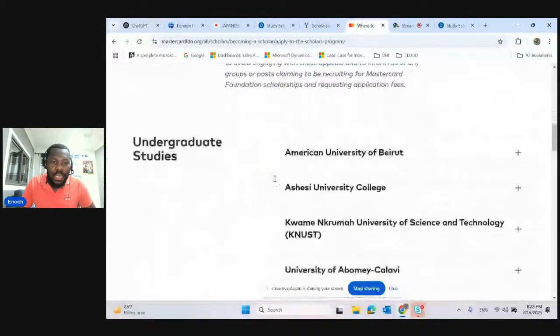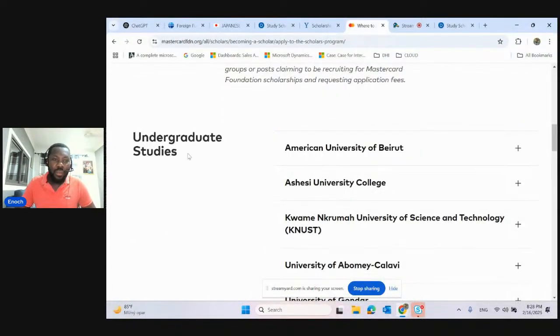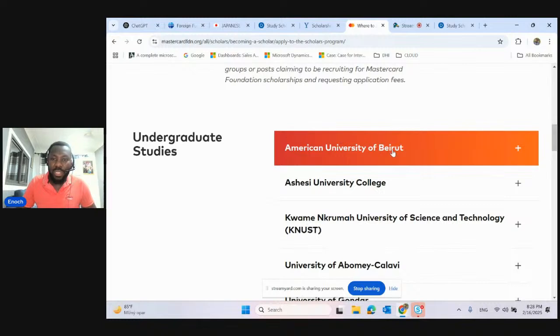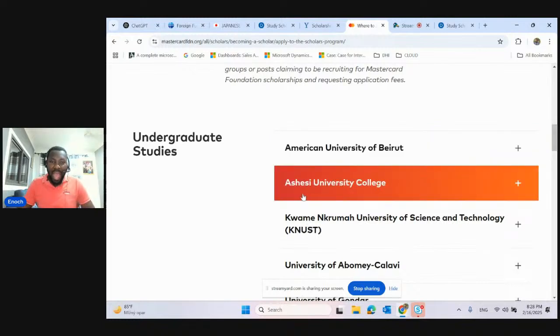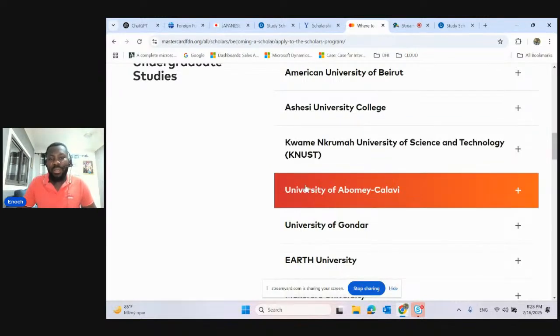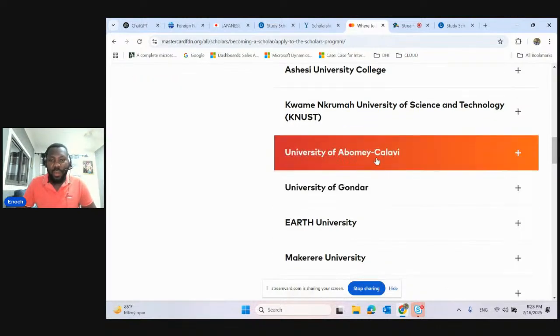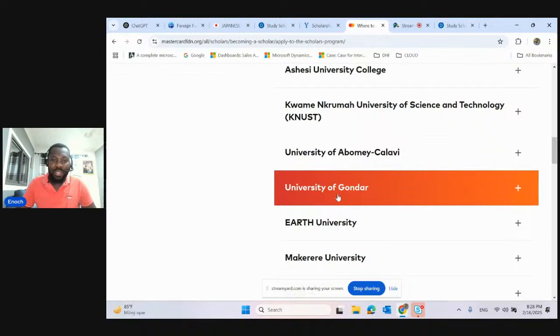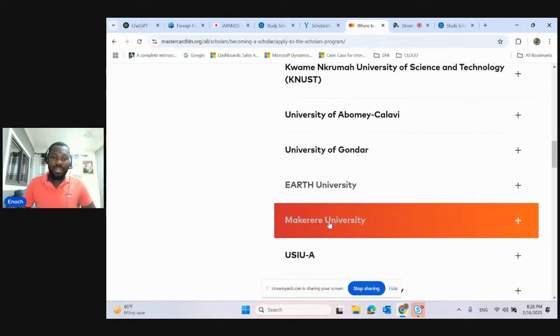So here we have, for undergraduate studies, the American University of Beirut, Ashesi University College in Ghana, Kwame Nkrumah University of Science and Technology in Ghana. And I think these are shown because I selected Ghana. Then University of Abomey-Calavi, University of Gondar, and Makerere University.